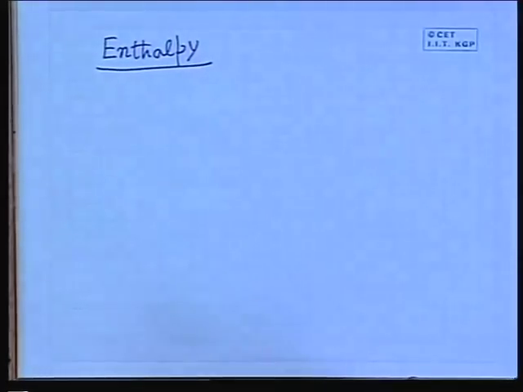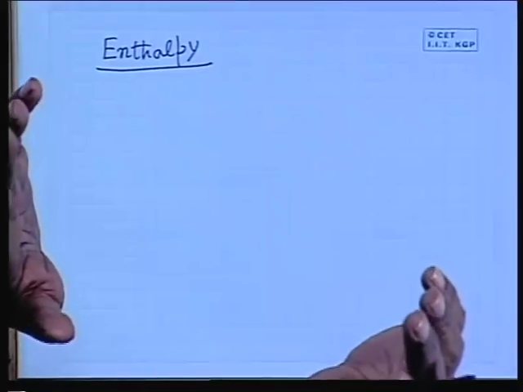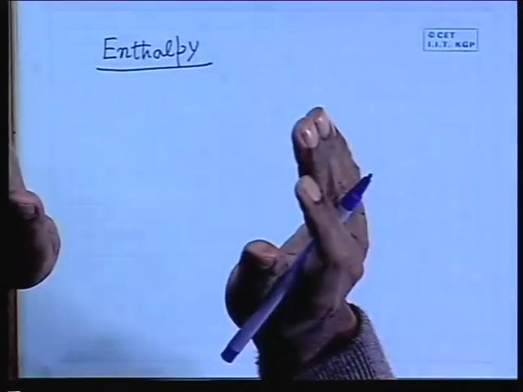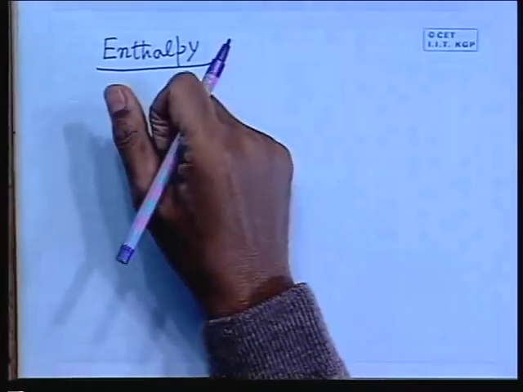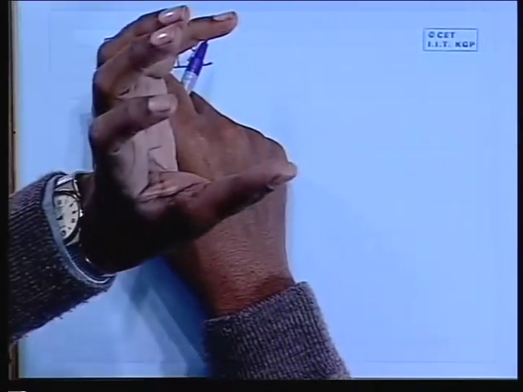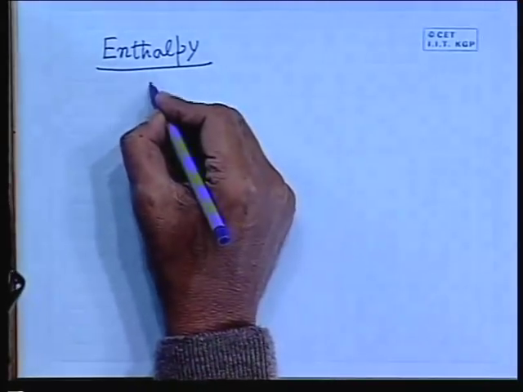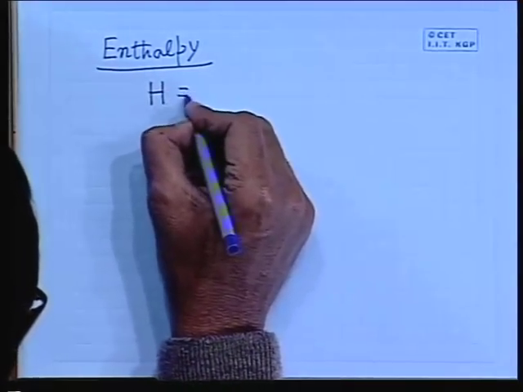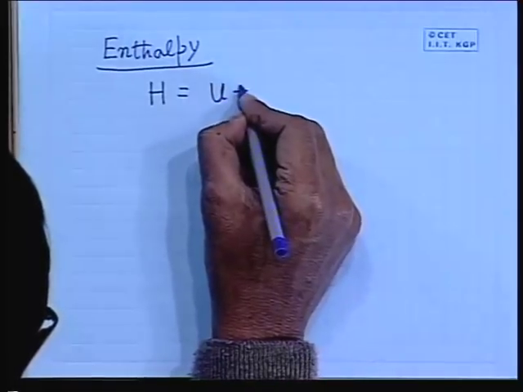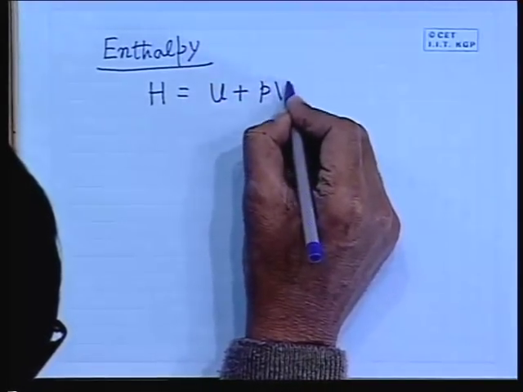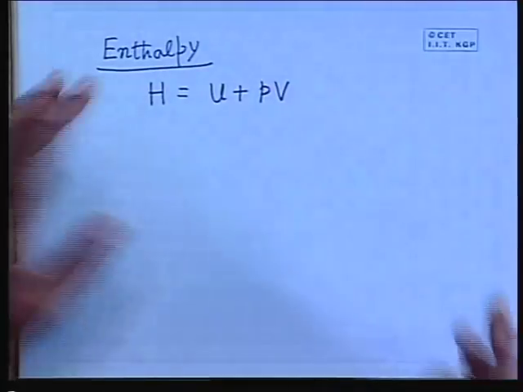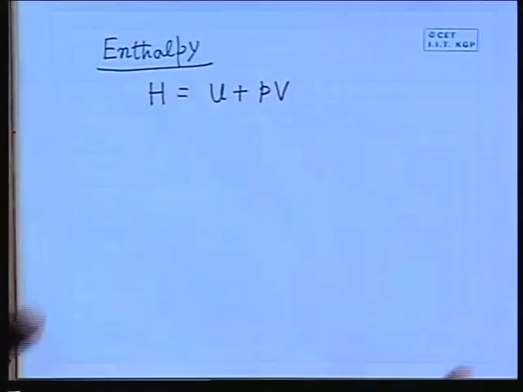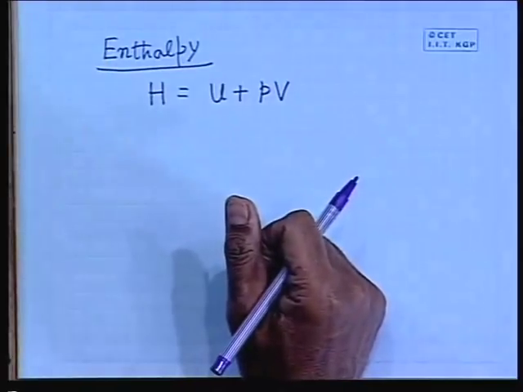Now, if you are asked at any time what is the definition of enthalpy, the very first line of this definition comes from the mathematical statement that enthalpy, denoted by H, is a property which is defined as the summation of internal energy plus pressure and volume. This is the enthalpy. Very first line of its definition. There is no physical concept at the beginning. Let us start with this definition that enthalpy is a property of a system which equals U, the internal energy for a closed system.